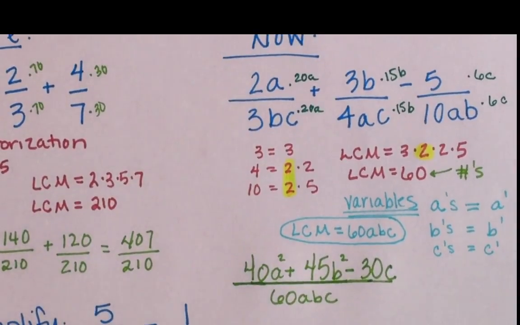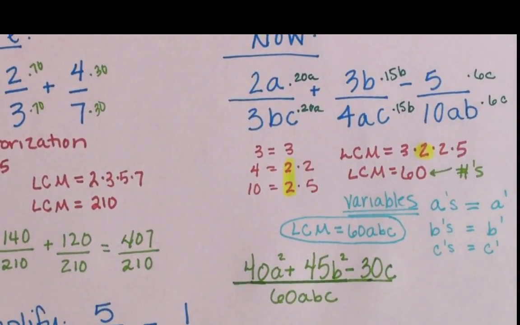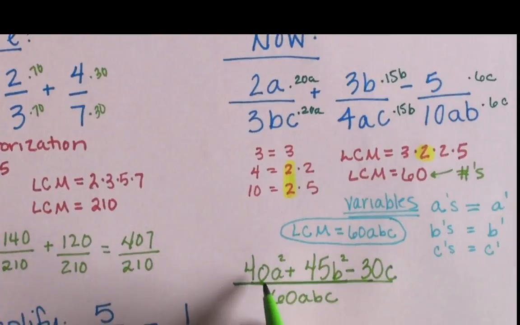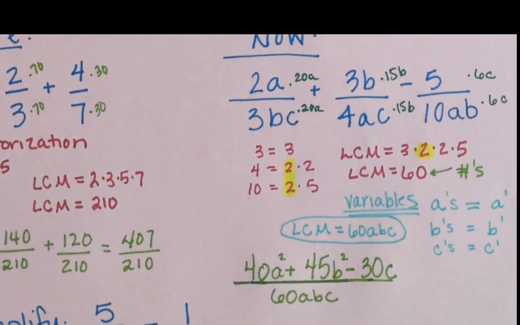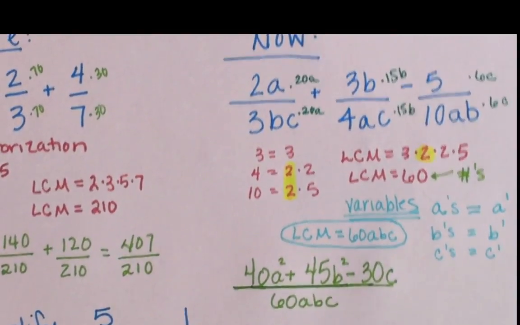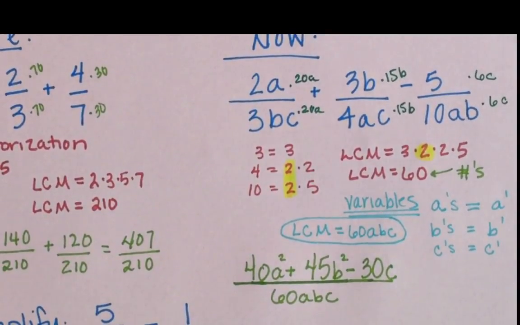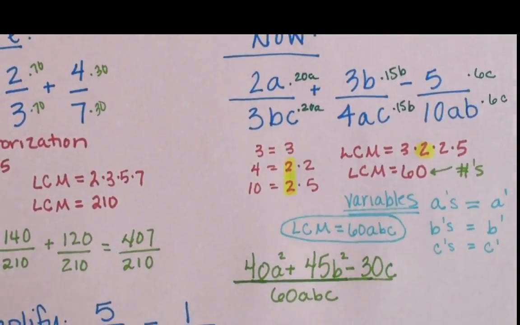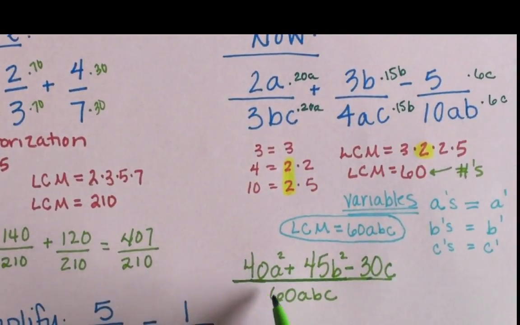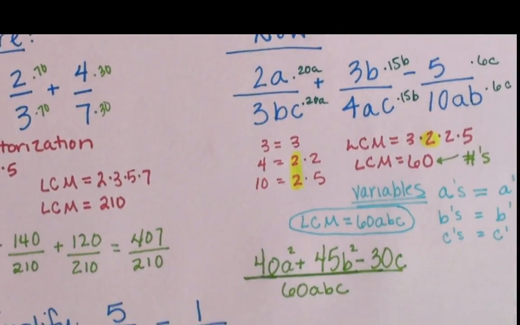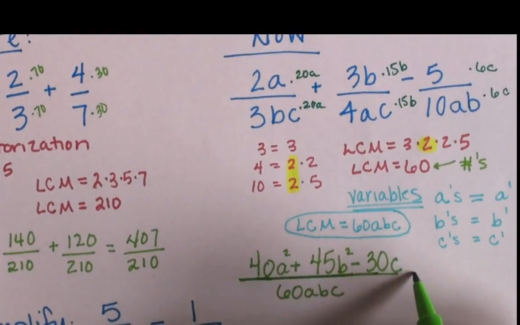And what I can do is then check, is anything able to cancel before I write my final answer? Which does mean sometimes you may have chosen a different LCM. But what we're looking at is our 40, our 45, and our 30 have a common factor.